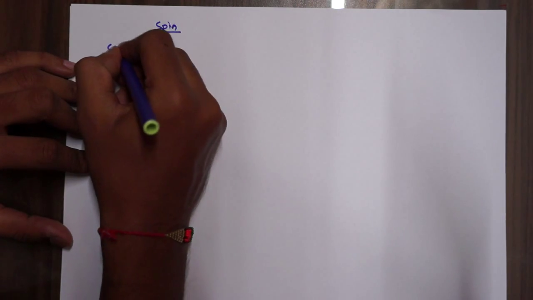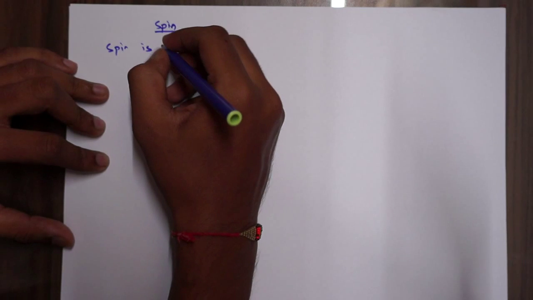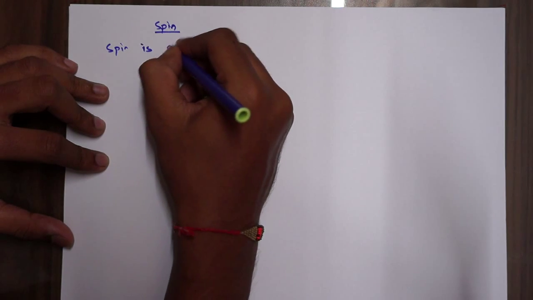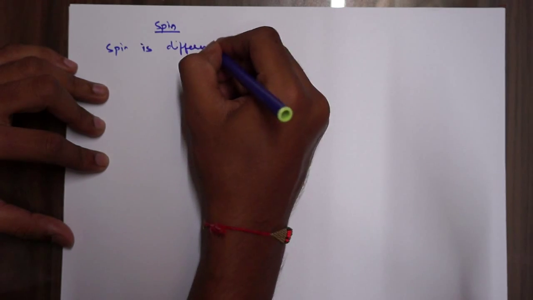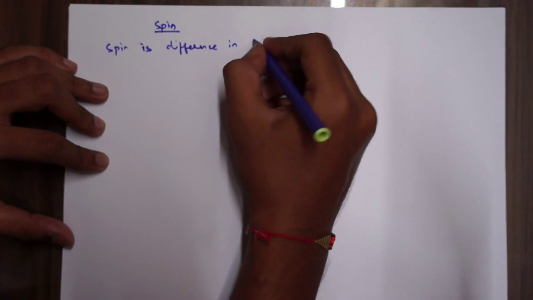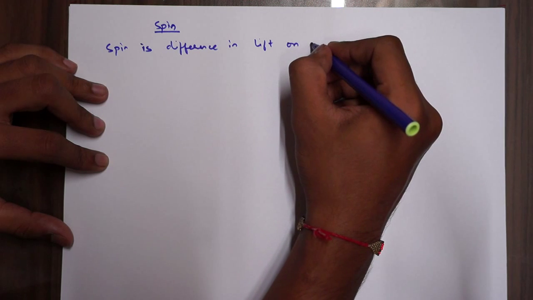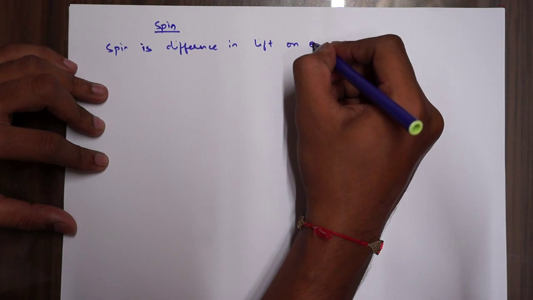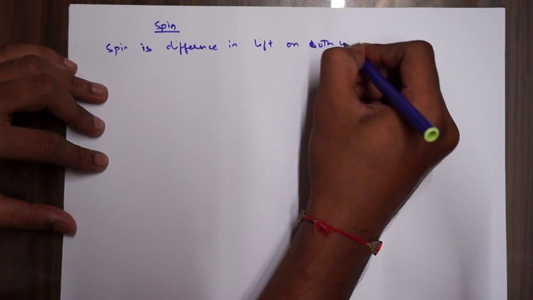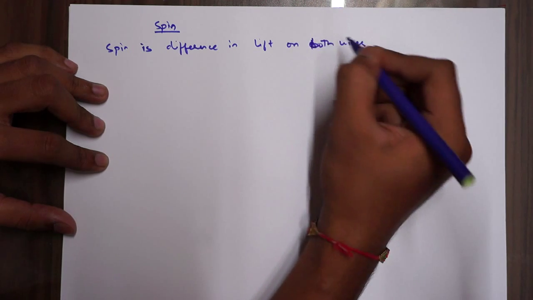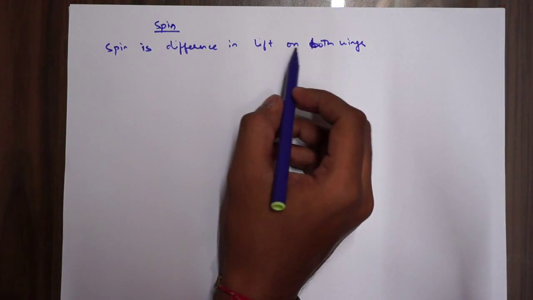So spin is the difference in lift on both wings.